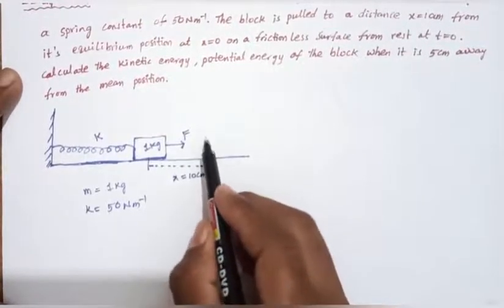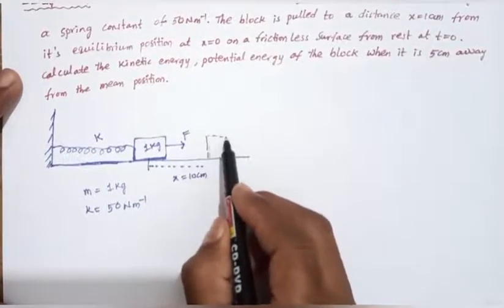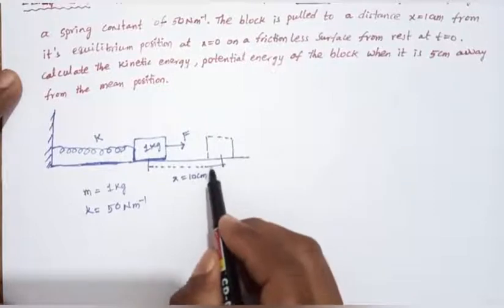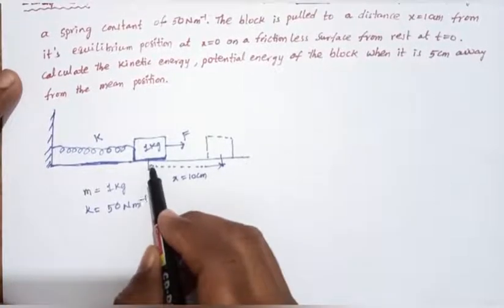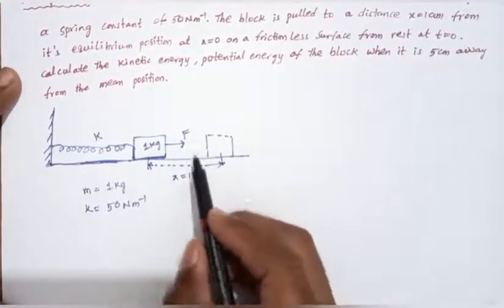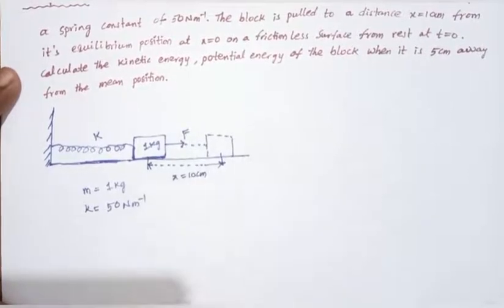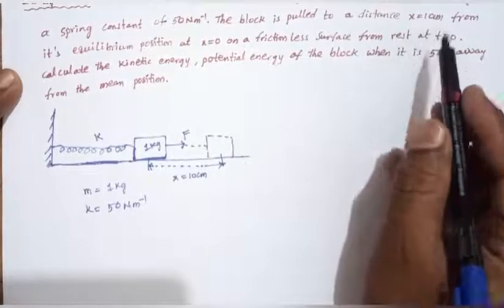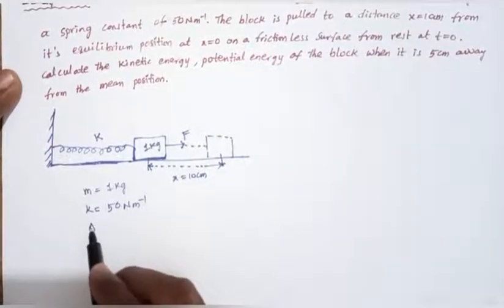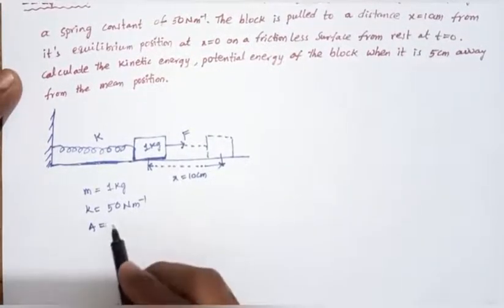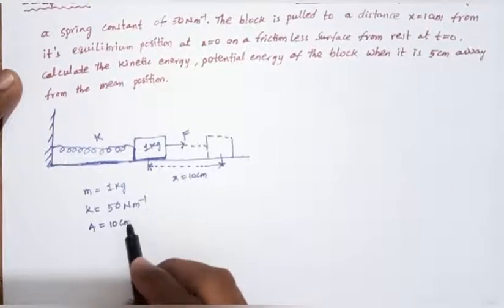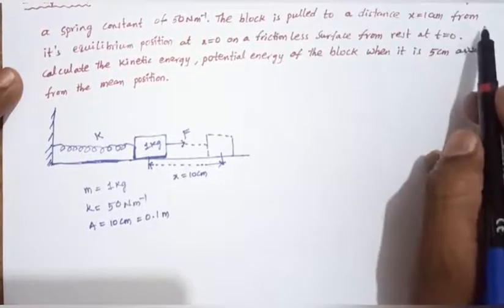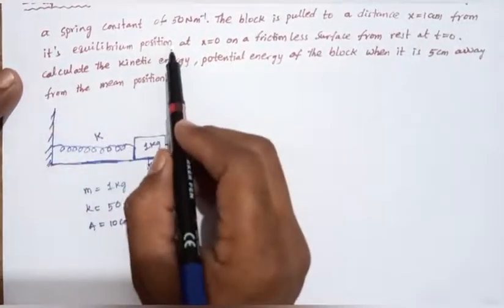This is the block, displaced 10 centimeters. The force is applied, so it is displaced 10 centimeters. So x equals 10 centimeters is nothing but the amplitude. It is the maximum displacement, 10 centimeters, which equals 0.1 meters from its equilibrium position.